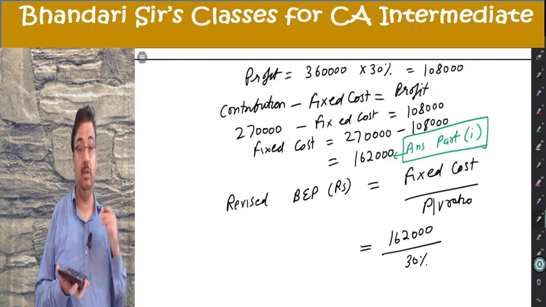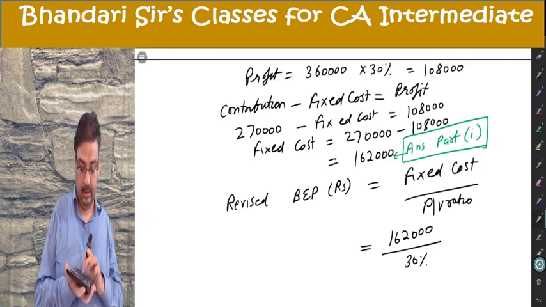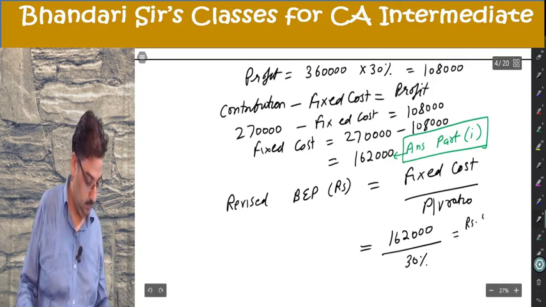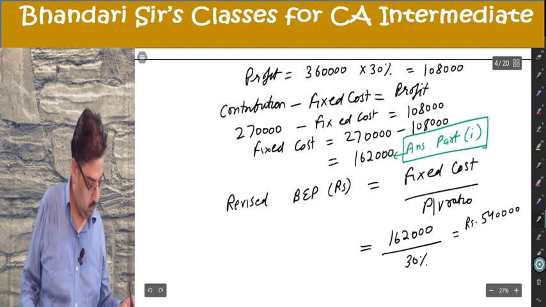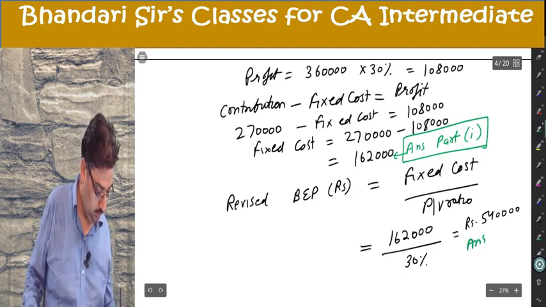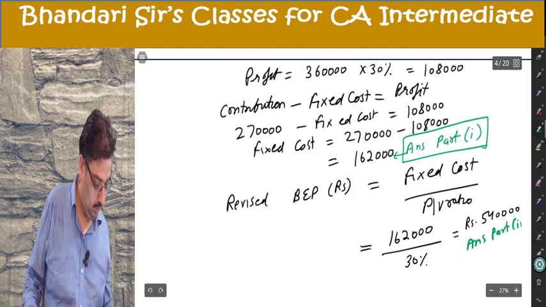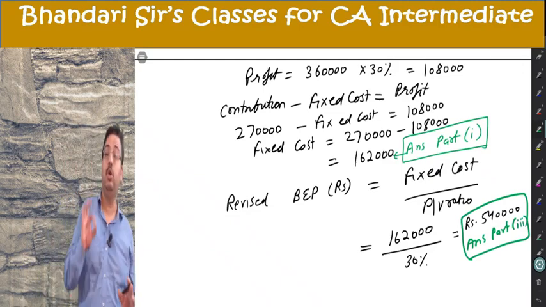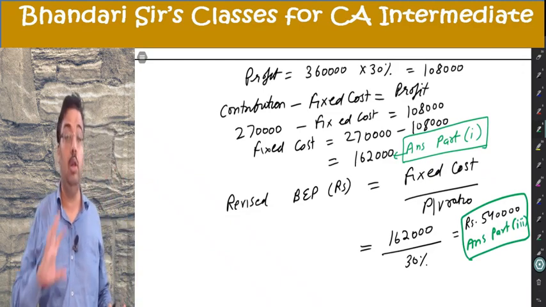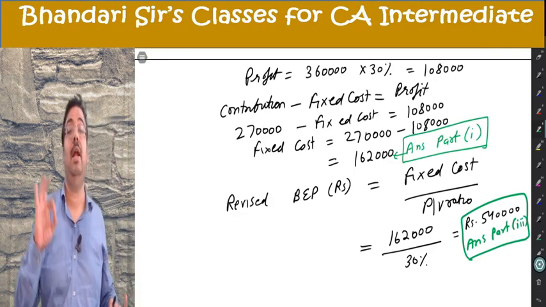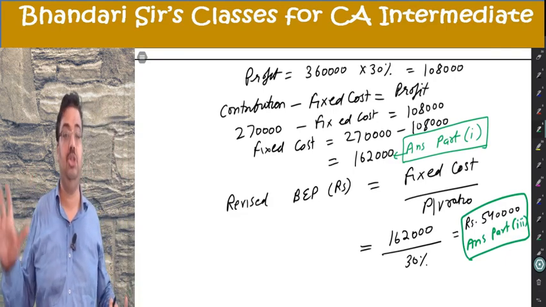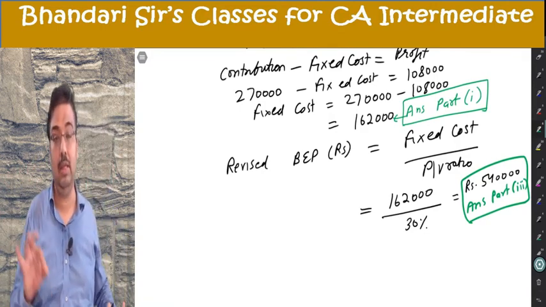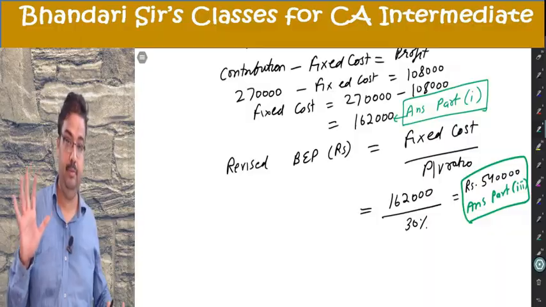Divided by 0.30 because it is percent. 1,62,000 divided by 0.30, I am getting 5,40,000. This is the answer to part 3. That is the complete question. It's a good question. You get all three, starting with the assumption that total variable cost does not change. Then you can do all the working and reach the ultimate answer, 5,40,000 as the revised break-even point.